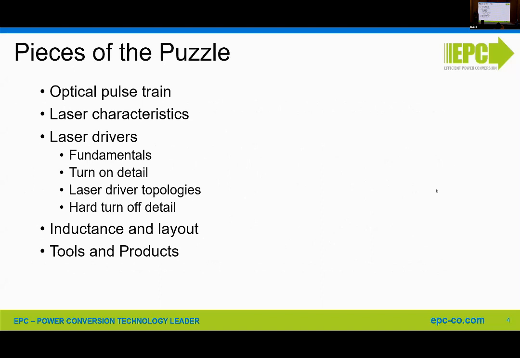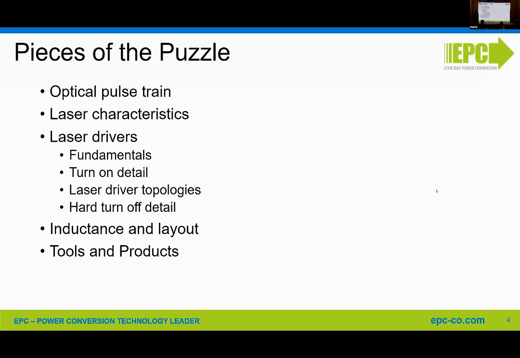There's a couple of pieces to the puzzle of laser drivers for LiDAR. It starts with an optical pulse train, and I'll speak a little bit about that. Then there's the laser characteristics, which are somewhat less defined than we'd like, but we'll talk about some of them. And then we'll talk about laser drivers.